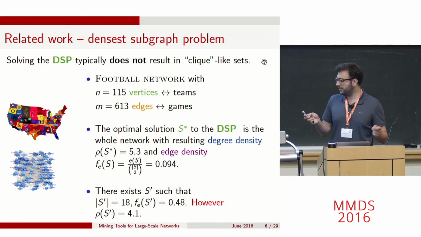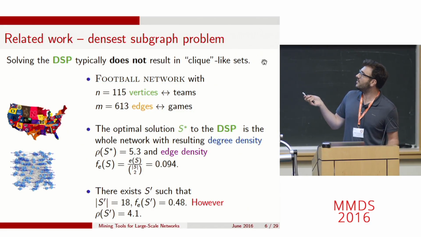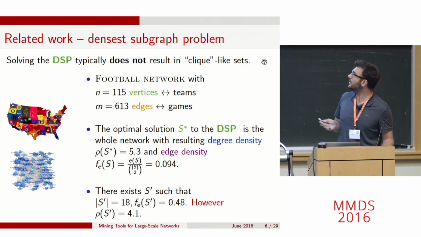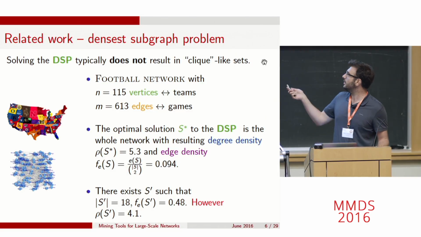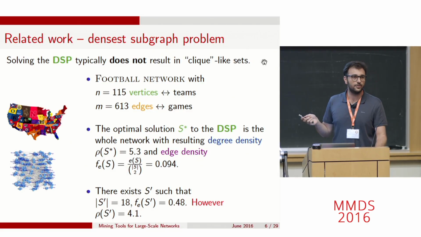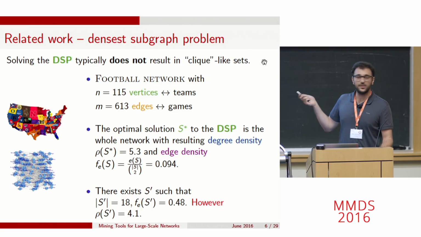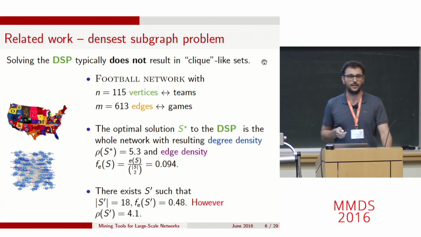So it turns out that the optimal degree density is 5.3, which is the number that you get if you divide m by n. But the edge density that we care mostly about is really close to 0, because it's a very sparse network. At the same time, in this graph, there exists a set of 80 nodes with edge density 0.48.